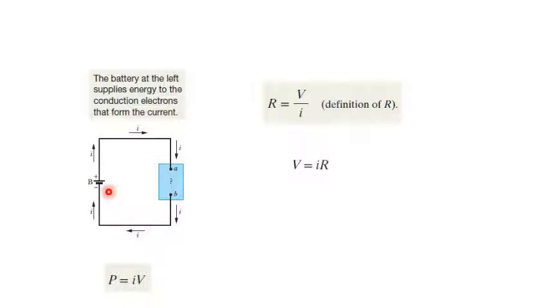The relation between the electric current and the potential difference on the two terminals of the battery is R, the resistance, equals the potential difference over the current. Or in other words, it can be arranged as the electric potential V between the two terminals of the resistor equals the current passing through the resistor multiplied by the resistance.